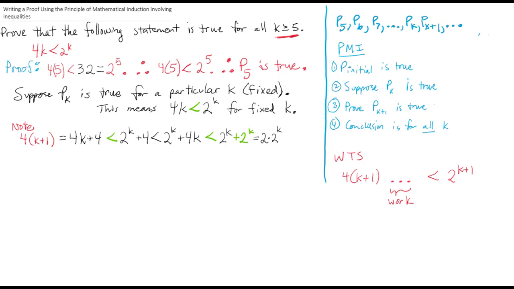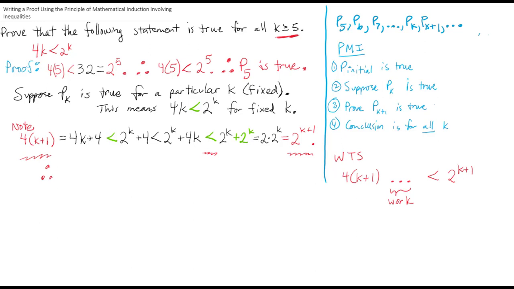But what is that equal to? That is in fact equal to 2 to the k plus 1 with your rule of exponents. That's pretty cool. So what just happened? You just showed that this part here is in fact less than that amount right there. That is in fact the proposition of k plus 1.